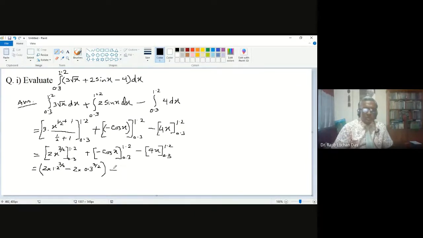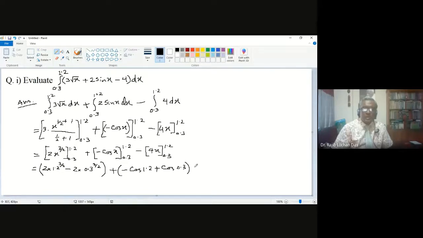The second part is plus, then put the values. So it is minus cos 1.2, and then the minus from the formula and the other minus here, so be careful, it will actually be plus cos 0.3.